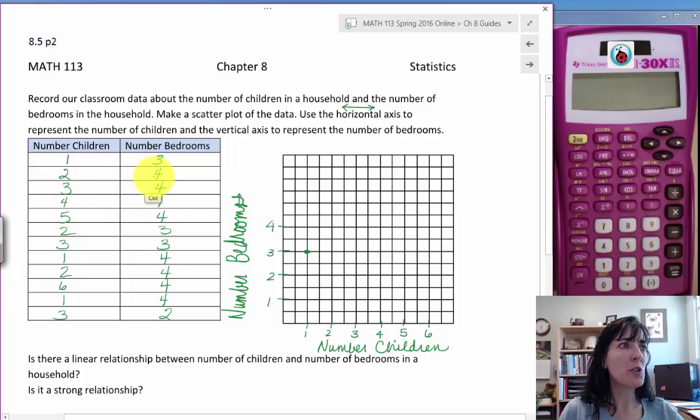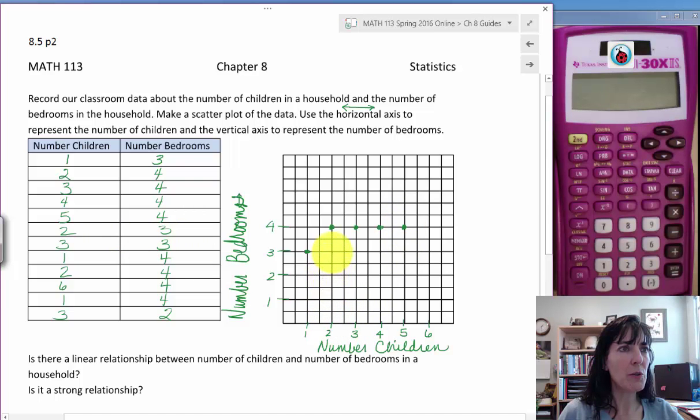The next one is 2 children, 4 bedrooms. So slide over to 2 children and up to 4 bedrooms. The next one is 3 children, 4 bedrooms. So 3 children up to 4 bedrooms. 4, 4, kind of on a pattern here. And then I have 5, 4, so 5 children, 4 bedrooms. 2 children, 3 bedrooms.